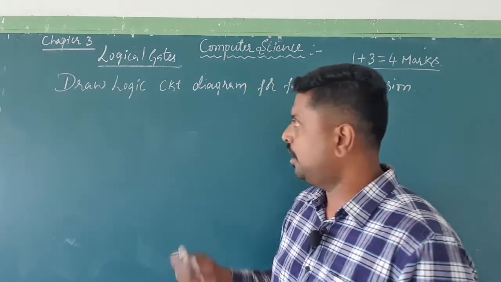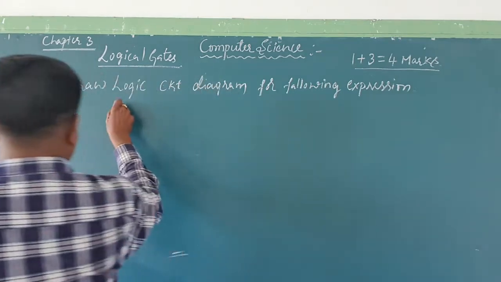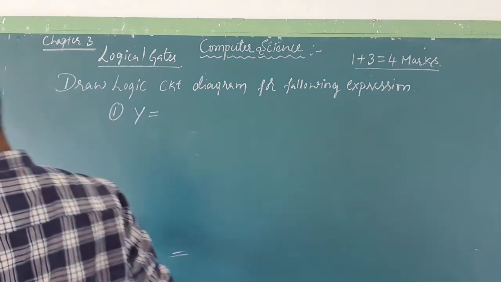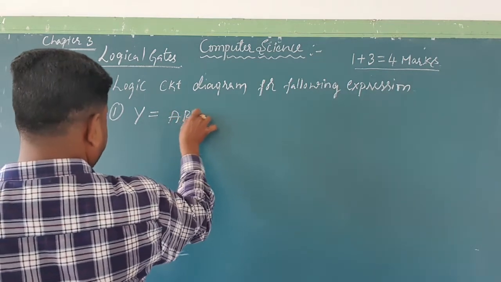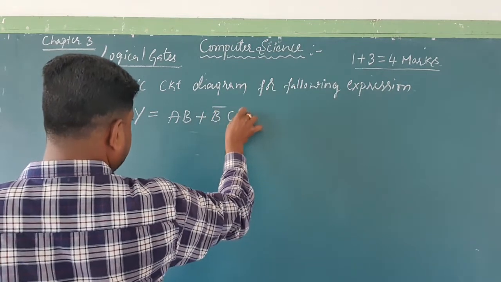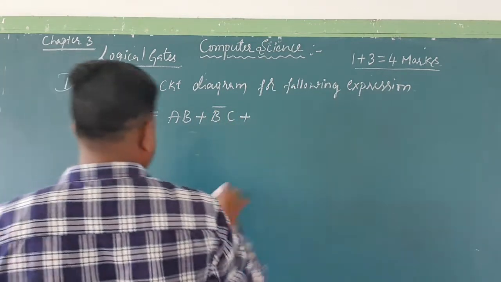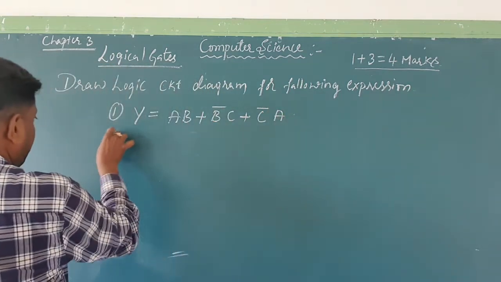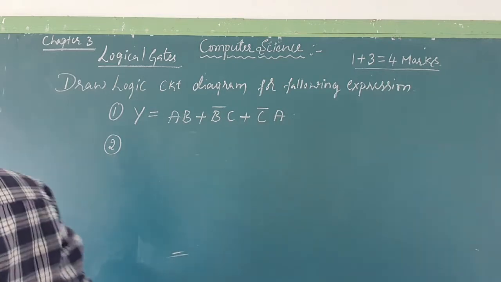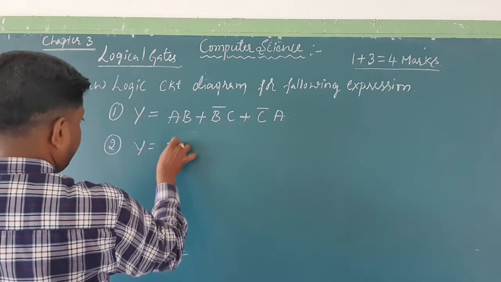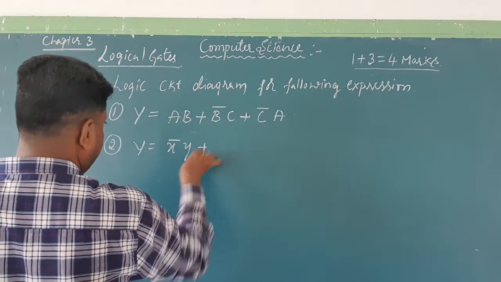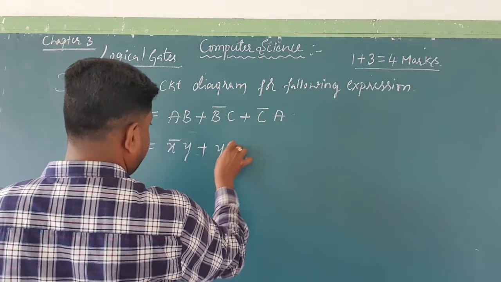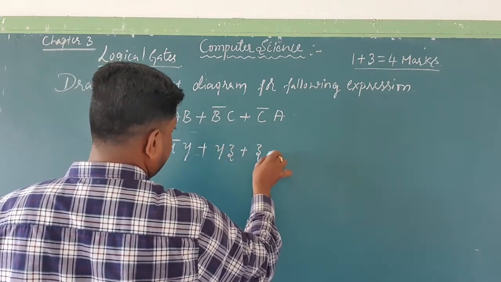For this example, they gave two questions. The first one is y equals AB plus B bar C plus C bar A. And the second one is y equals x bar y plus yz plus zx.